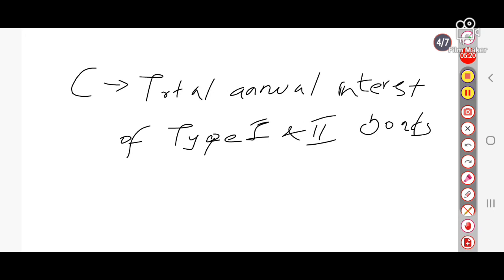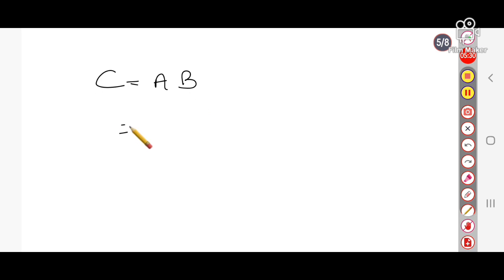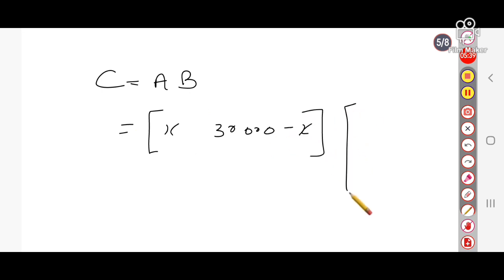Now we are going to do the matrix multiplication. We get C equal to AB. So we saw the value of A is nothing but x and 30,000 minus x, and 0.05, 0.07 is the B matrix.